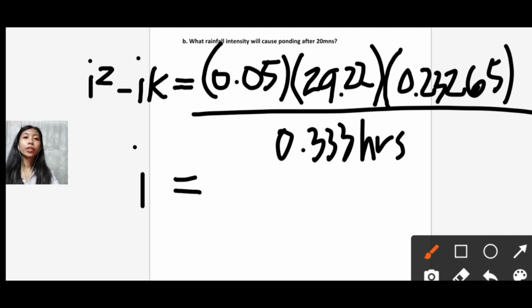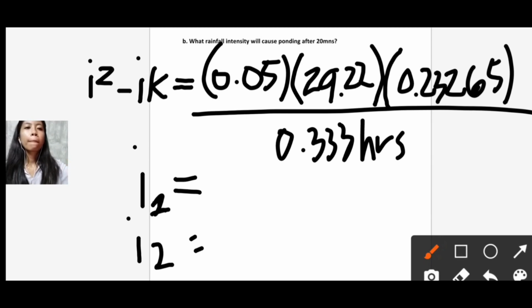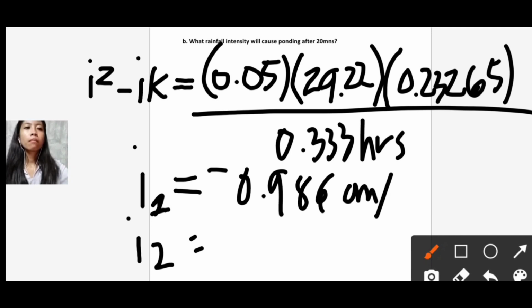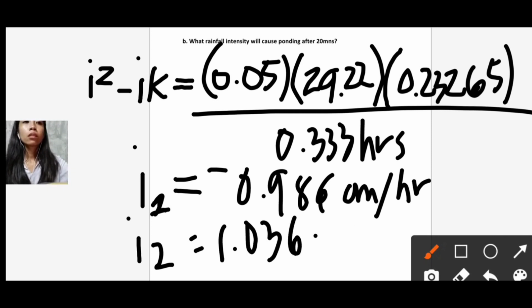So the final answer is, there are two roots, of 0.986 cm per hour and 1.036 cm per hour.